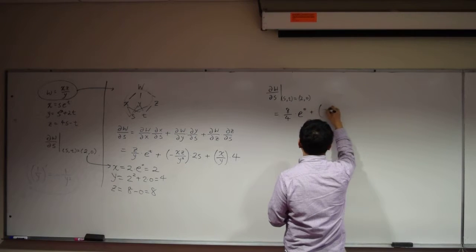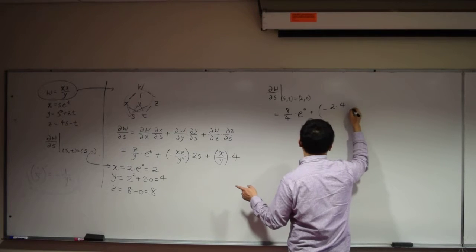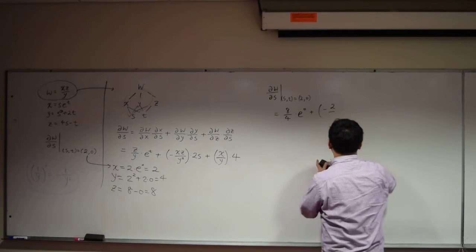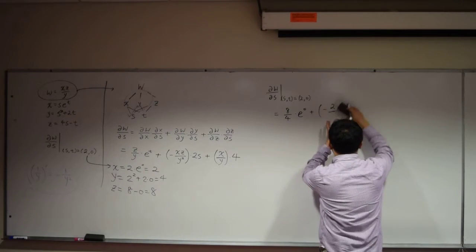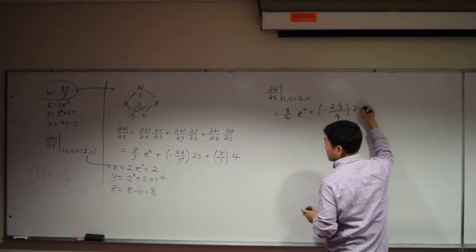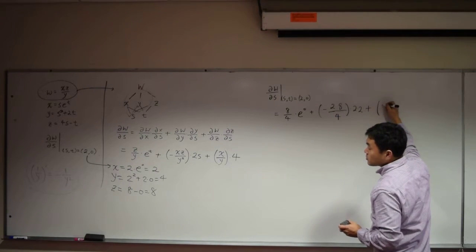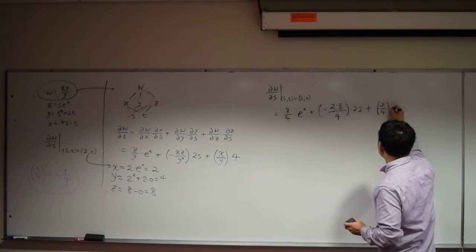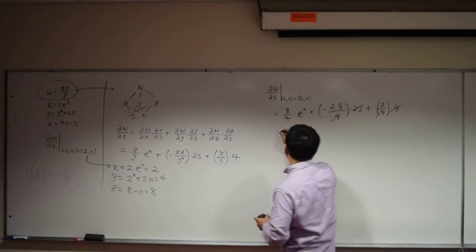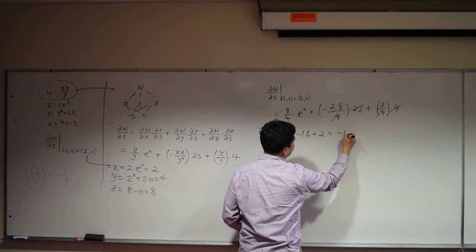Plus negative X is 2, Z is 8, Y is 4, and then times 2 times 2, plus x over 4, where X is 2 and Y is 4, times 4. 4 cancels. These also cancel. That's 2. So it's 2 minus 16 plus 2, which is negative 4.